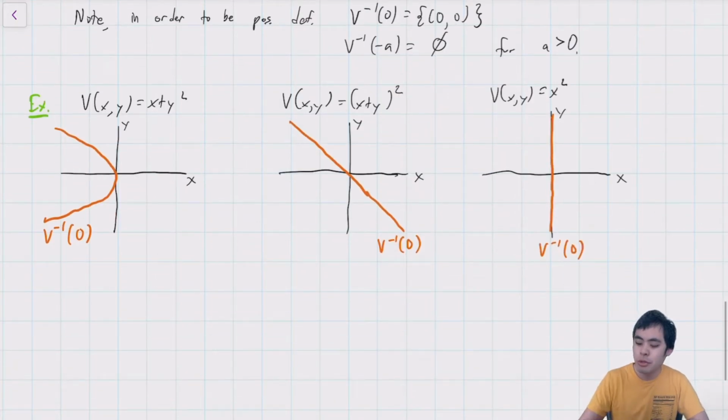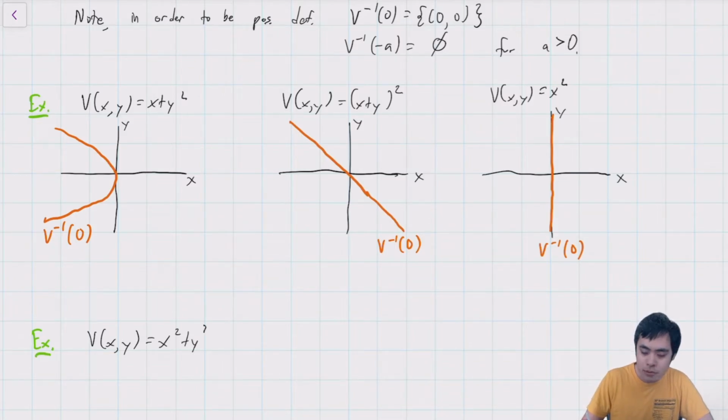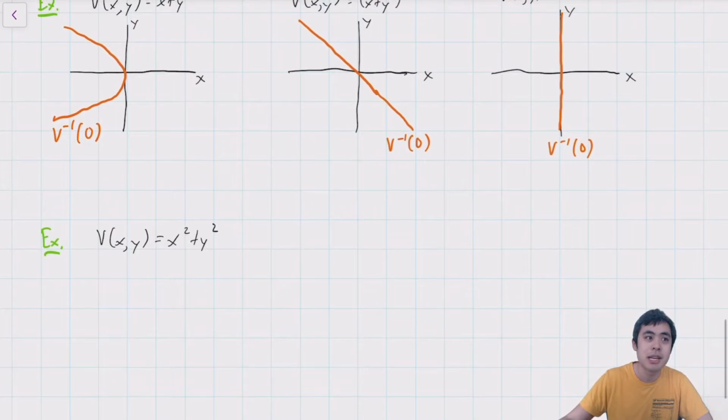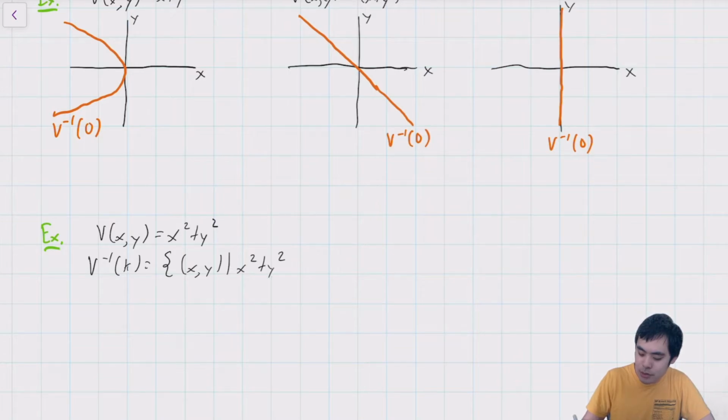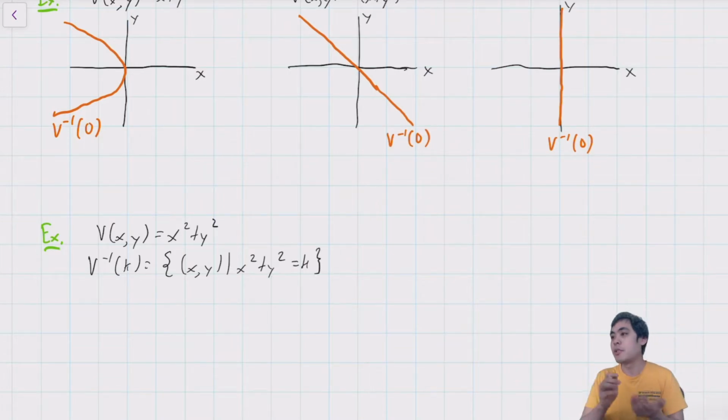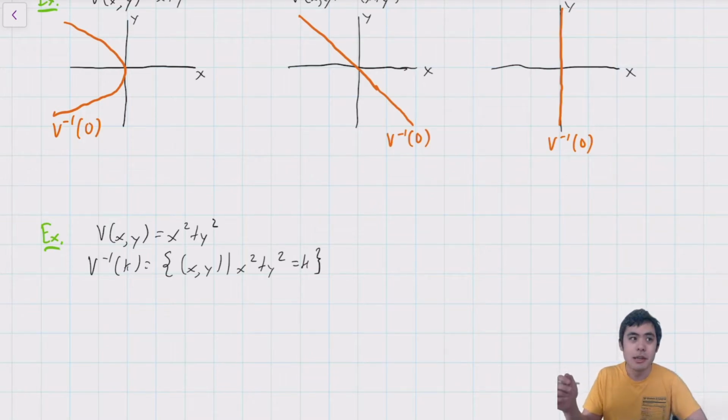But what happens when we do actually have a positive definite function? If we do, then life gets a lot nicer. We'll see that this gives us precisely the concentric circles that we talked about in the very first example. So v inverse of k is equal to the set of xy such that x squared plus y squared is equal to k. But that is, of course, precisely just the set of points with radius root k.